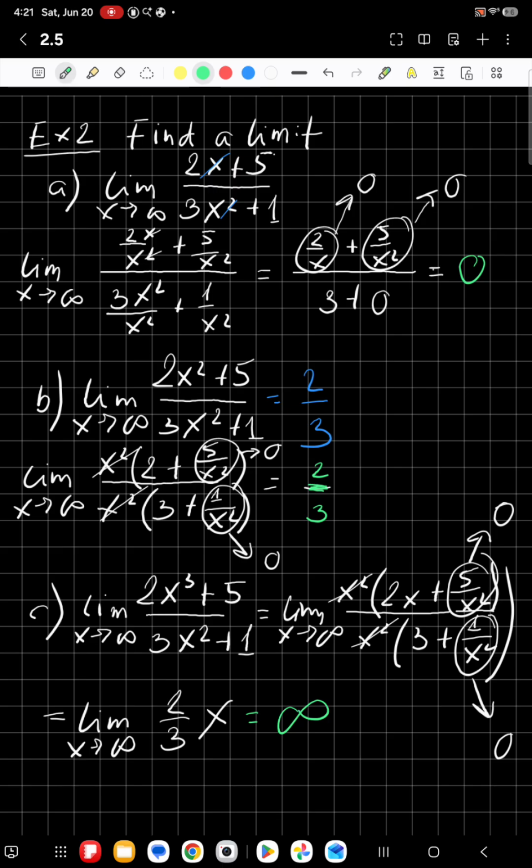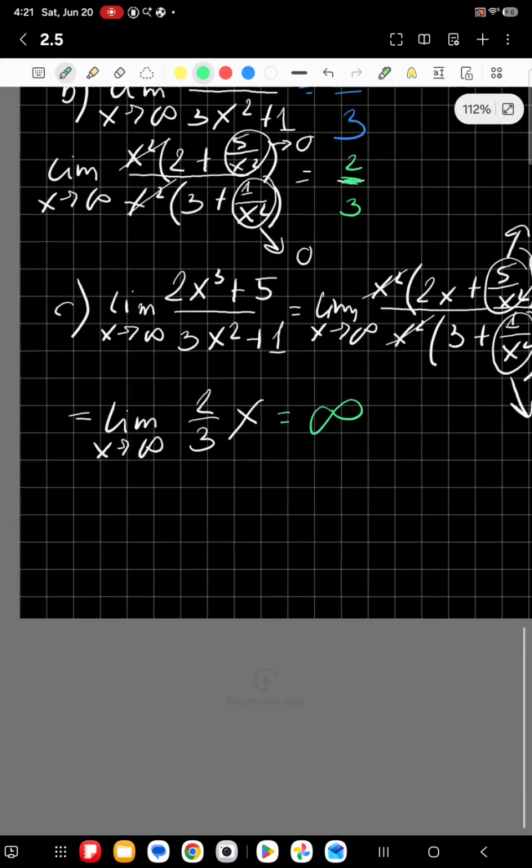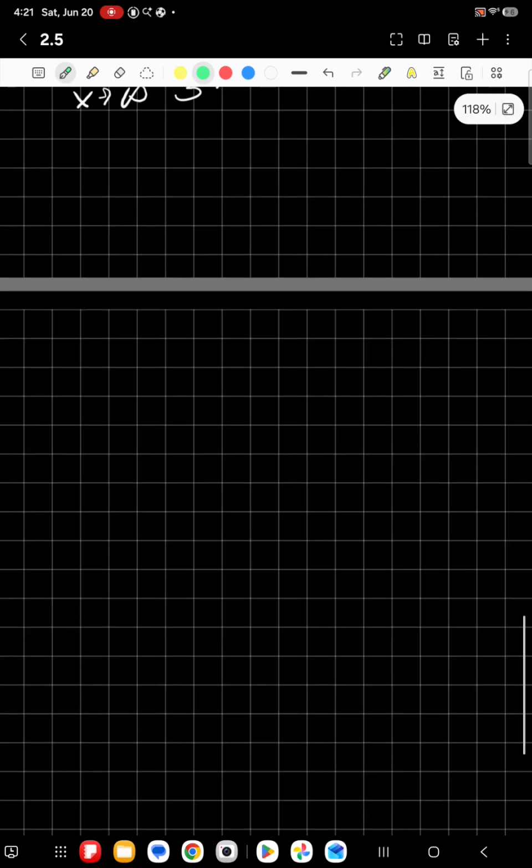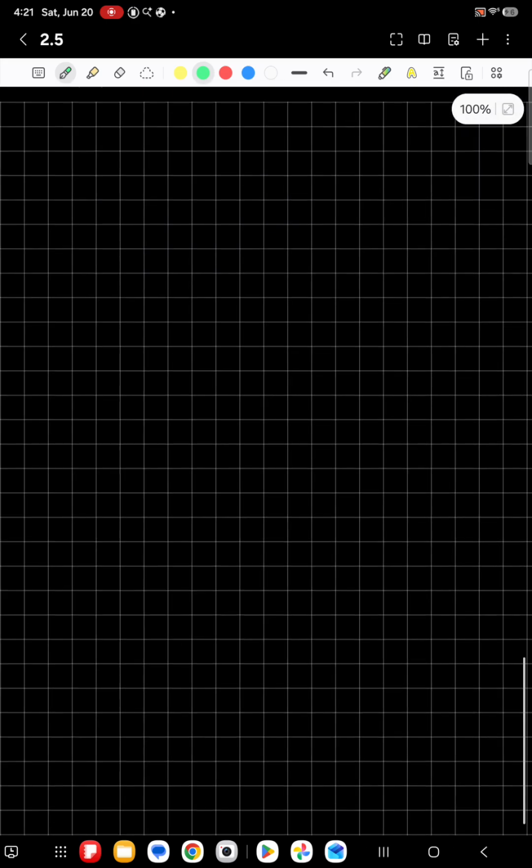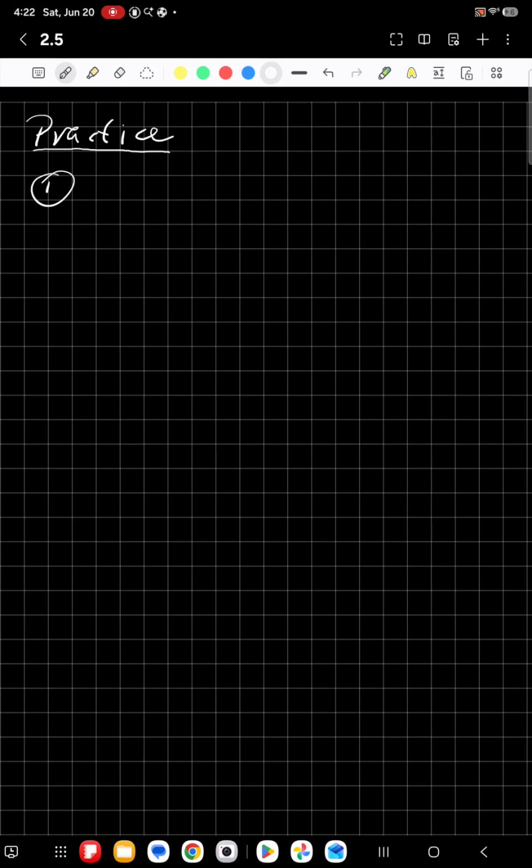Okay, let me give you a couple of problems to practice. The first one is the limit as x approaches infinity of x squared plus 2 over x cubed minus 1.